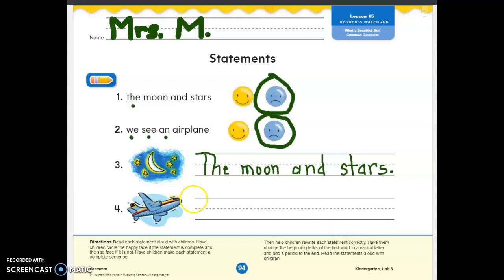We see an airplane. Capital at the beginning. That's the only capital letter in this sentence. We, space, see, space, and remember, touch the dotted line, touch the bottom line.